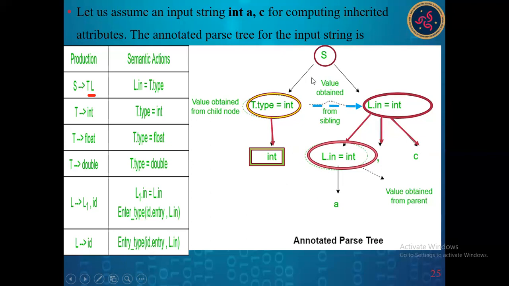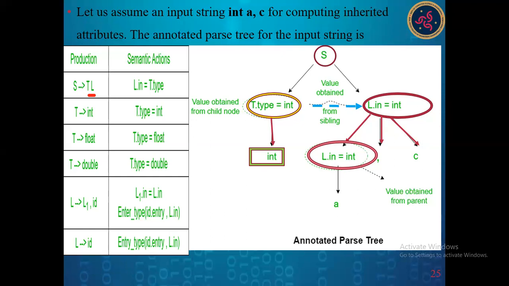Finally the leaf nodes will have our input string, that is int A comma int C. So we have constructed the annotated parse tree for the given input string by using which type of attribute? The inherited attribute. This is how we write the SDT by using an inherited attribute.